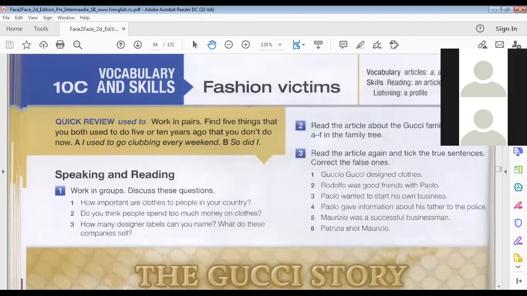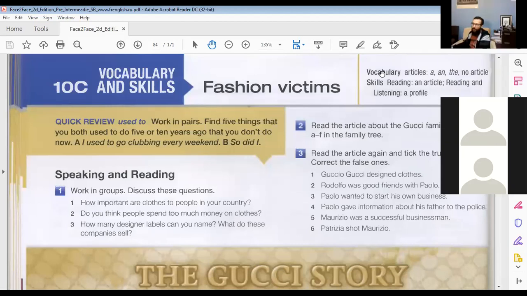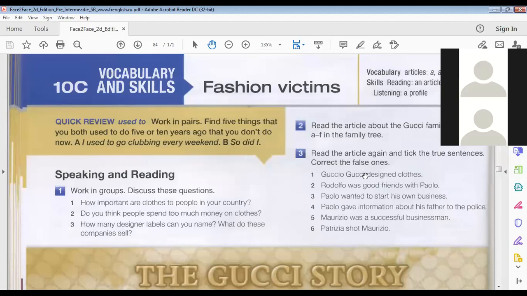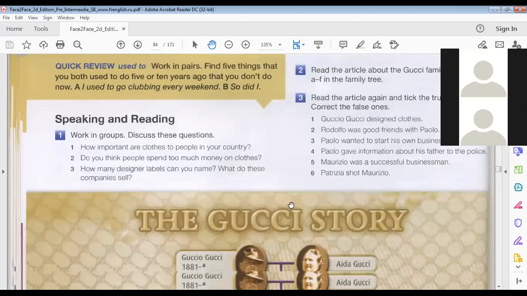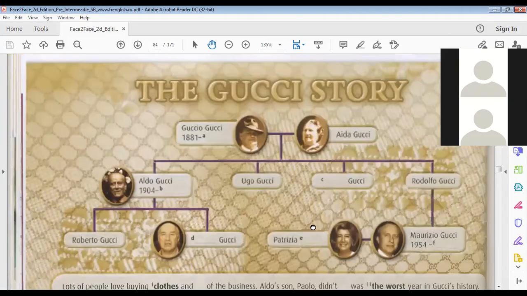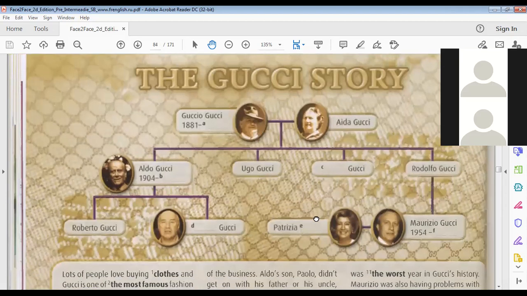Who likes this? Is there anybody? Maybe the better question is, who doesn't like fashion? Is there anyone who doesn't like fashion here? Or do you all like fashion? And what do we mean by fashion? Who can explain what fashion means? In English, of course.